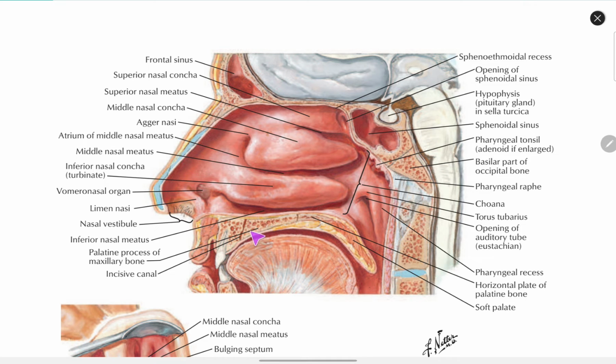Now the floor is formed by the palatine process of the maxilla bone and the horizontal plate of the palatine bone. This floor is slightly higher anteriorly than posteriorly and it is concave from side to side.